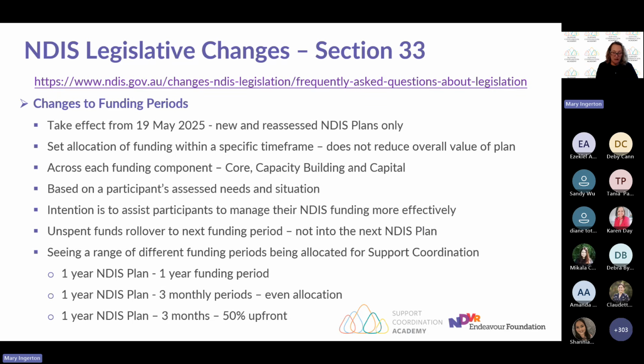And we've also seen a 1-year plan with 3 monthly funding periods, but the first 50% is front-end loaded in the first 3 months, acknowledging that the support coordinator often does most of their activities within that first 3 months, and then the balance is spread across the last 3 funding periods.